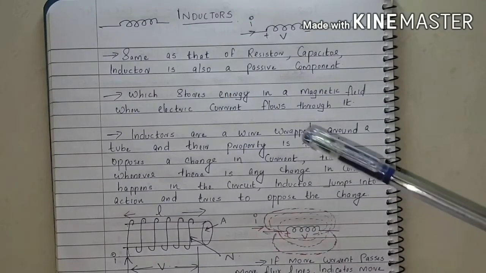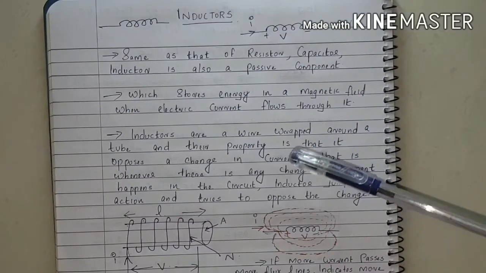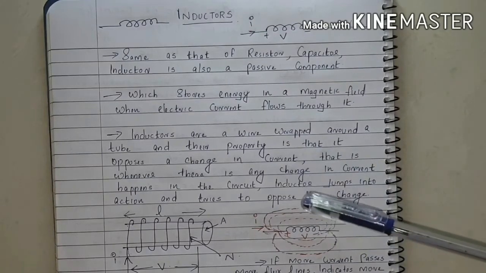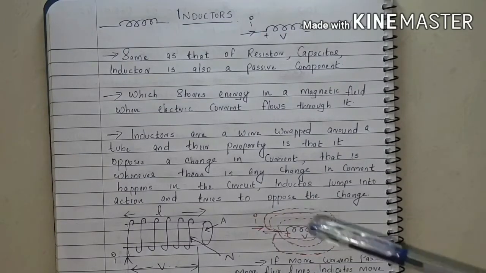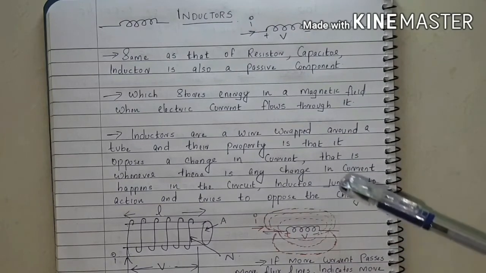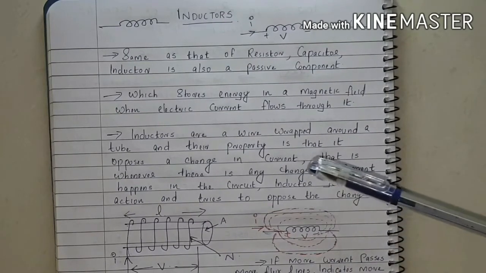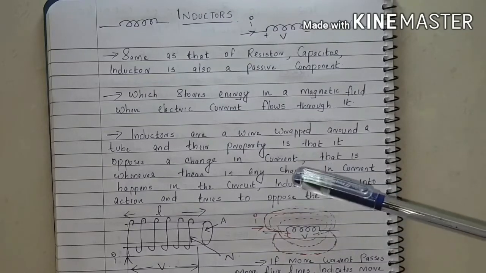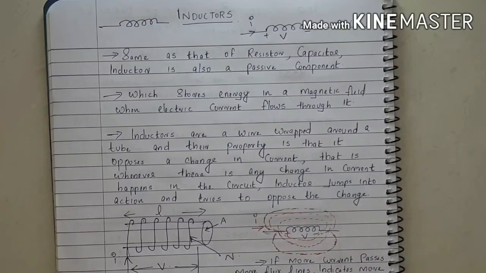And the main property of inductor is to oppose any change in current. That is, whenever any change in current happens in the circuit, inductor jumps into action and tries to oppose that change in current.